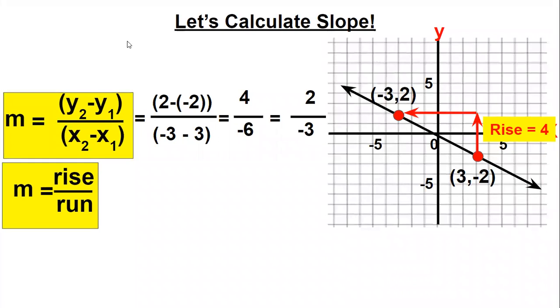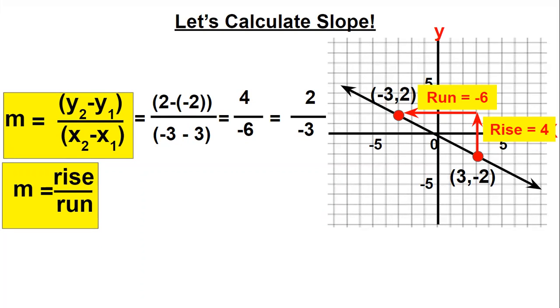And my run is my horizontal. So that's how far I go from this point all the way to the point. So let's count how many that is. 1, 2, 3, 4, 5, 6. Doesn't that sound vaguely familiar? So my run is -6. Why is it -6?